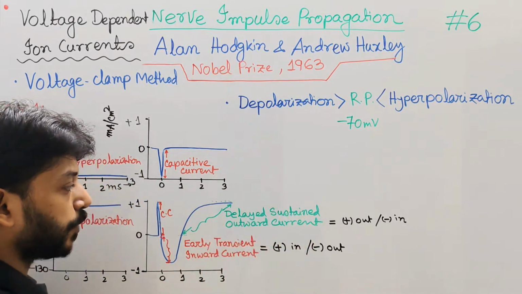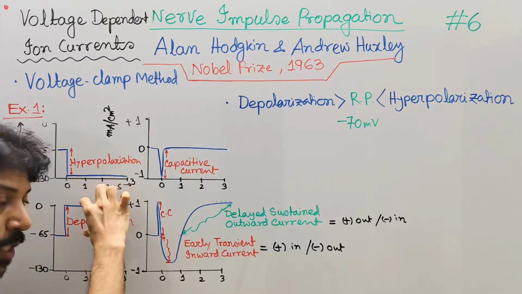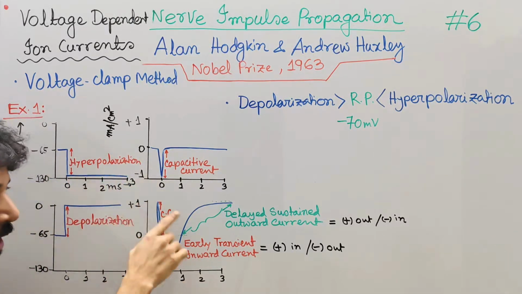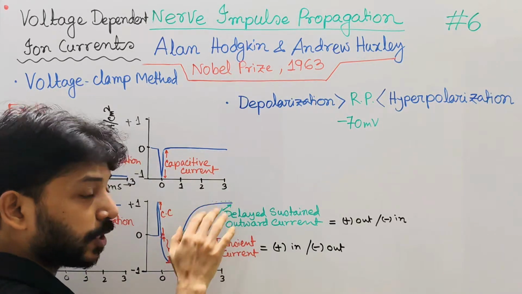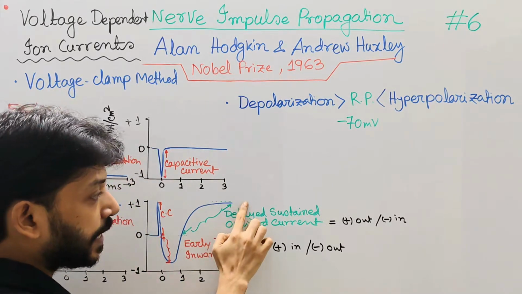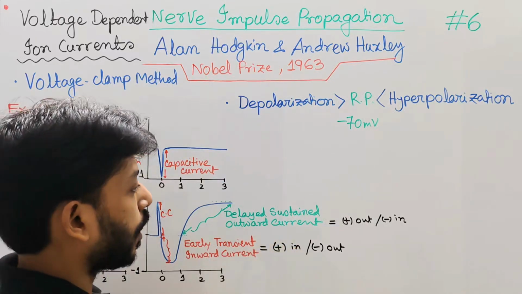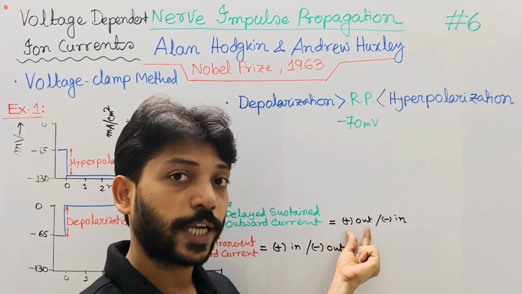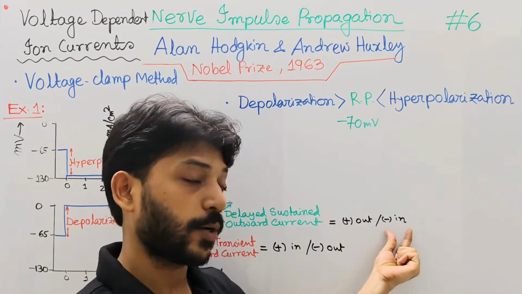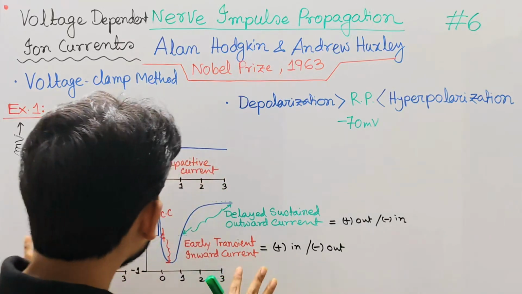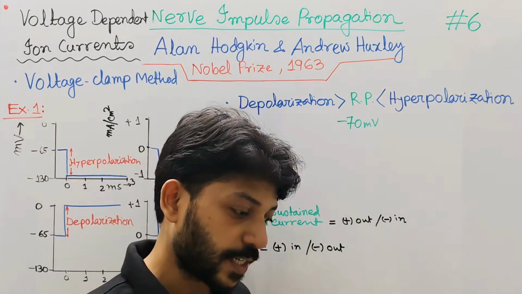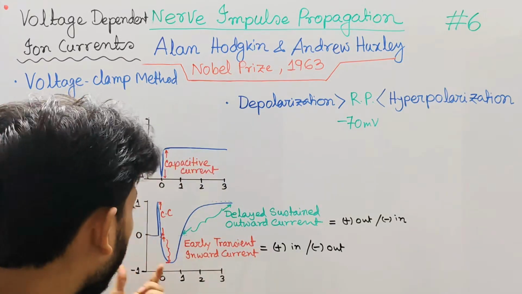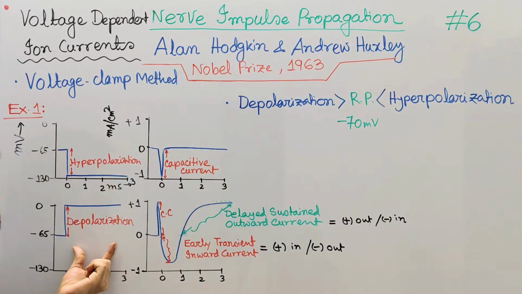Now why is it called sustained? Because as long as you keep this depolarization potential fixed, this current will go on. This will not decay. Okay, so this is delayed sustained outward current. Now outward current means cations can come out of this neuron or anions can go inside. Now from this first experiment, Alan Hodgkin and Andrew Huxley made a conclusion that membrane depolarization generates ion currents.